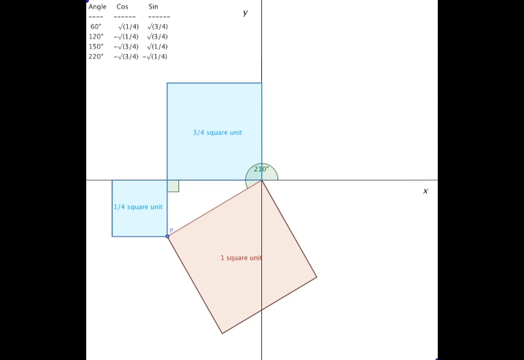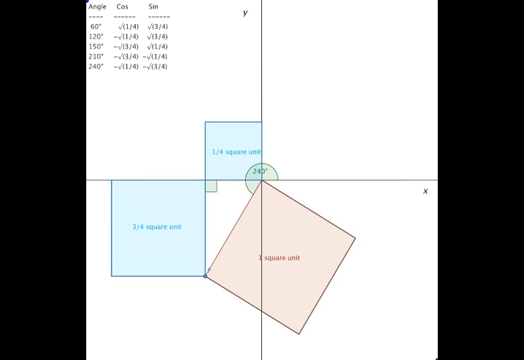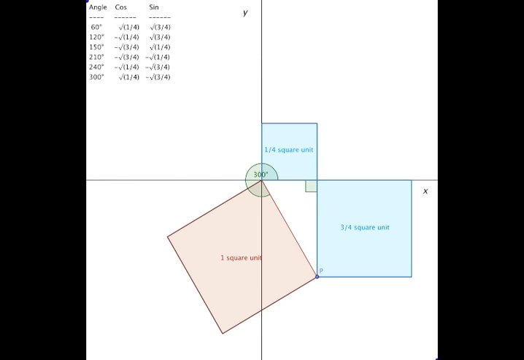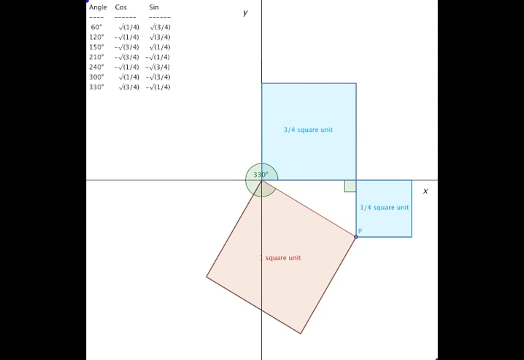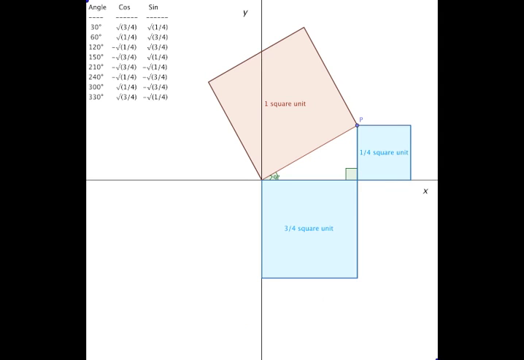Here the sine and cosine values are the same as before, except the sine value has become negative. Sine and cosine trading places again. Same triangle, different orientation. The cosine turns positive. Trade places. And the final one on this round. The sine becomes positive again.